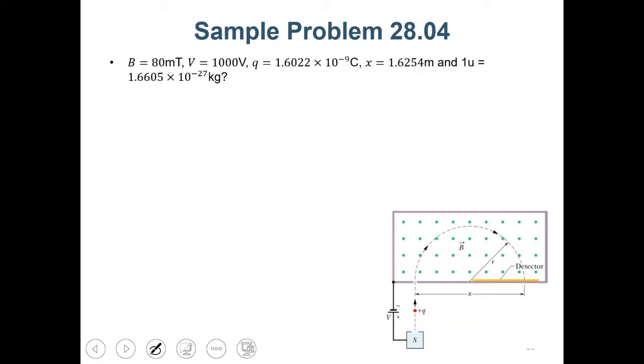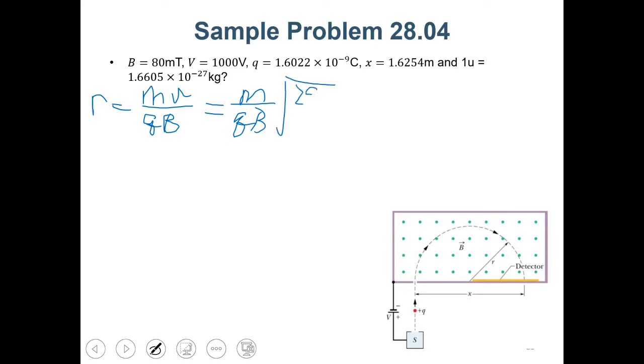Now we have the radius, which equals m v over qB. With v equals the square root of 2qV over m from the previous page, we get r equals 1 over B times the square root of 2mV over q.